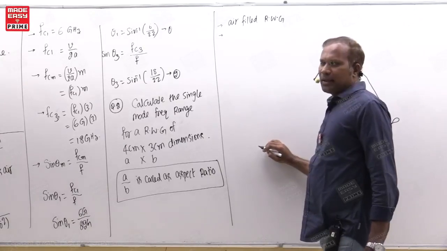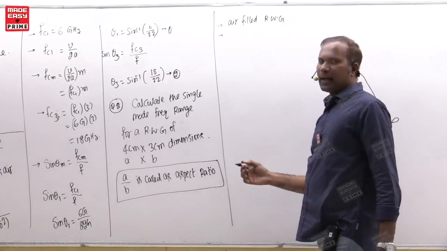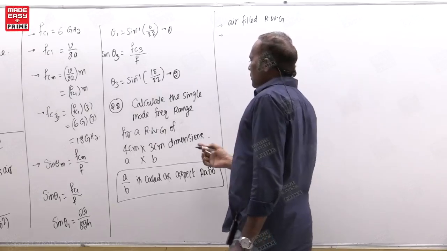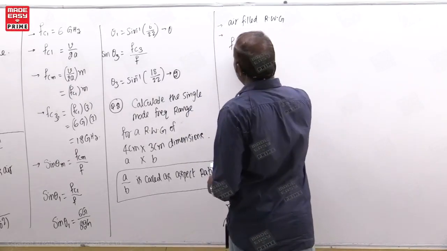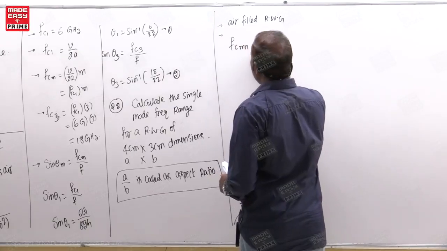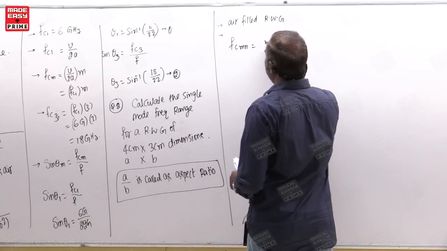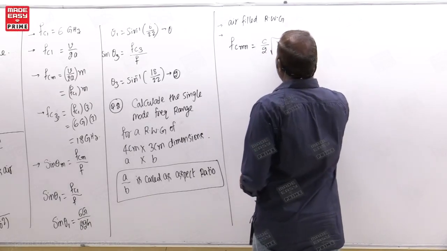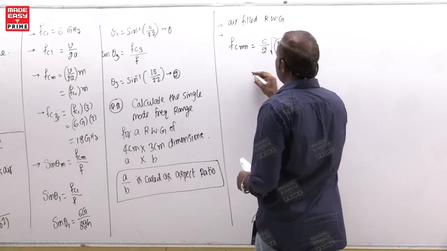Mode is not mentioned, for example calculate cutoff frequency, mode is not given. That means automatically you have to calculate for dominant mode, right? So if A greater than B, then FC10, FCMN for air filled is C by 2 root of M by A whole square plus N by B whole square, students.